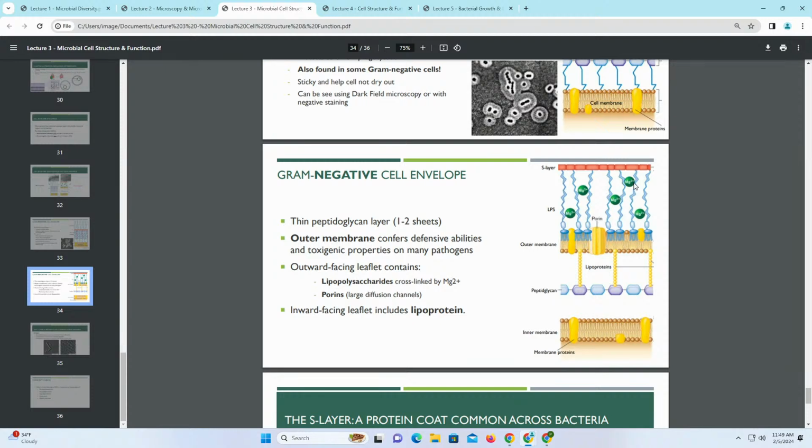And then you have these porins, or large diffusion channels, on the outward leaflet. The inward facing leaflet is this lipoprotein, which is just connecting it. That's not in these gram positive cells because they only have one membrane. Does that help?